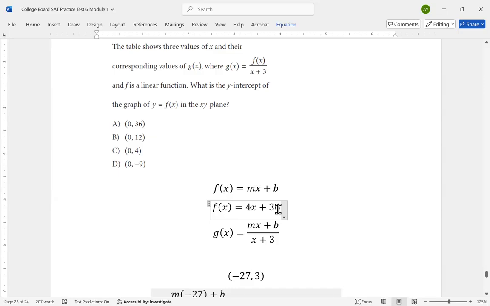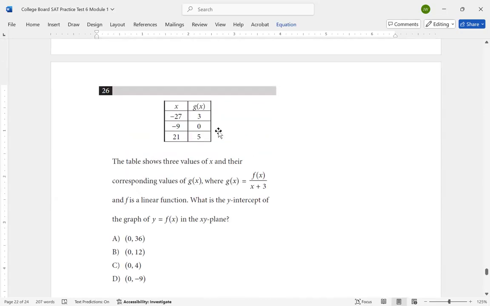We can actually confirm that by plugging in 21 for x and seeing what it gives out, or doing all of our points into this large equation.